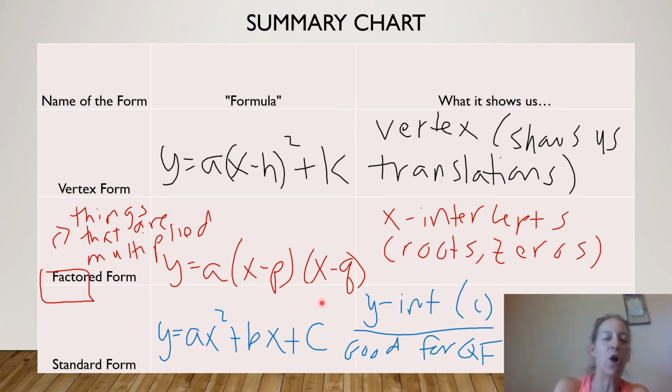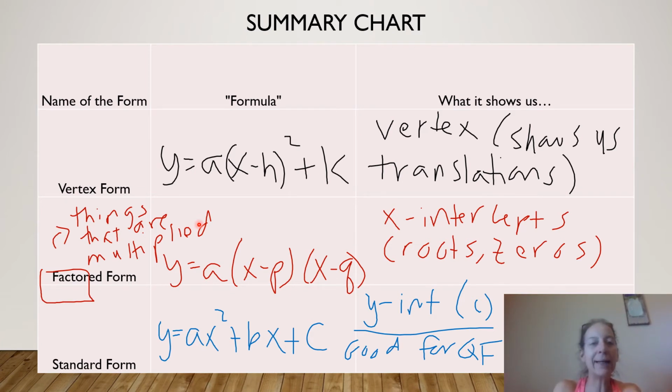And going from standard form back to vertex form requires a process that you don't even know yet. So, but you can switch between forms, and sometimes the reason you switch between forms is because a different form will give you different information.